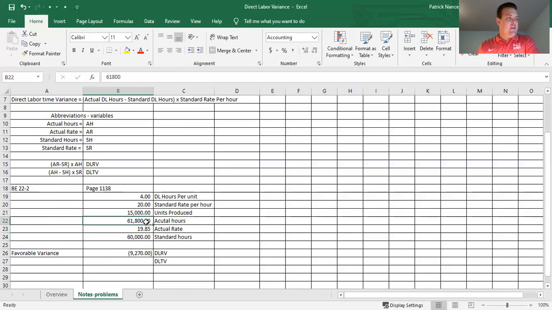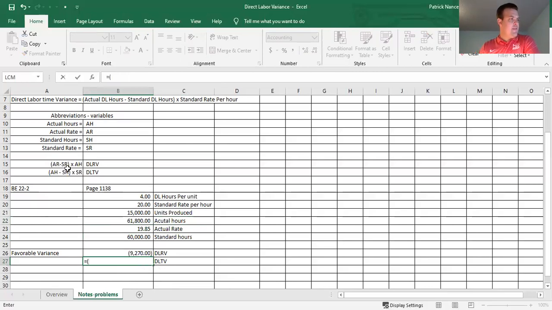So yet again, you can tell I spent more hours than I anticipated, so I'm going to have an unfavorable variance. I can tell, again without doing the math, that when my actual hours are higher than my standard hours, by definition I have an unfavorable direct labor time variance. But we'll do the math now to see what that dollar amount actually is.